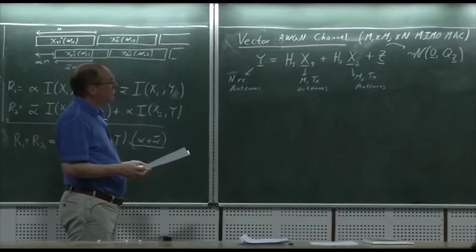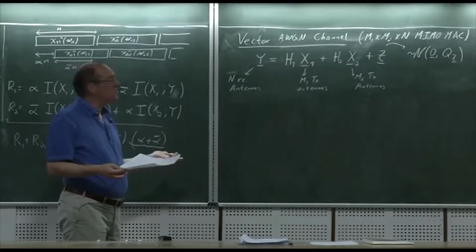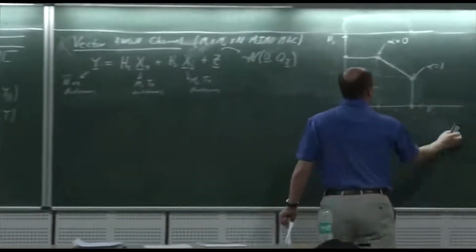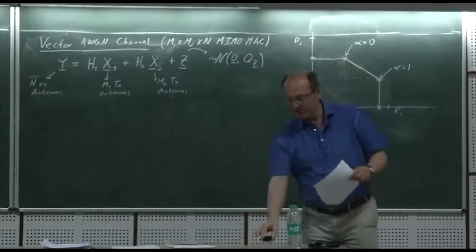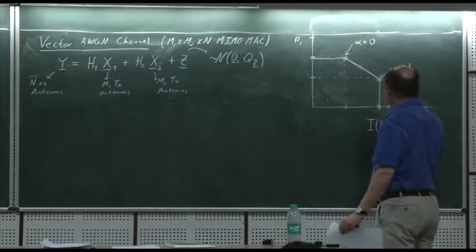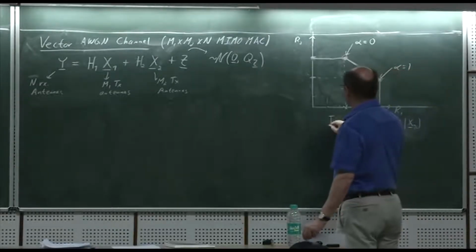Fine, so things get more complicated, but fortunately all the information theory is already there. So everything we just did here we can redo, right? The only thing that we have to do now is compute mutual informations with these vectors, x2. So that's the power of information theory.